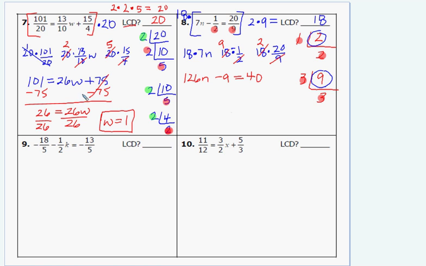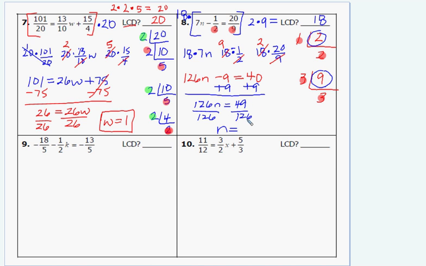Now to solve, I need to get 126n by itself. So I'm going to add 9 to both sides. This gives me 126n is equal to 49. And then my last step here would be to divide both sides by 126.